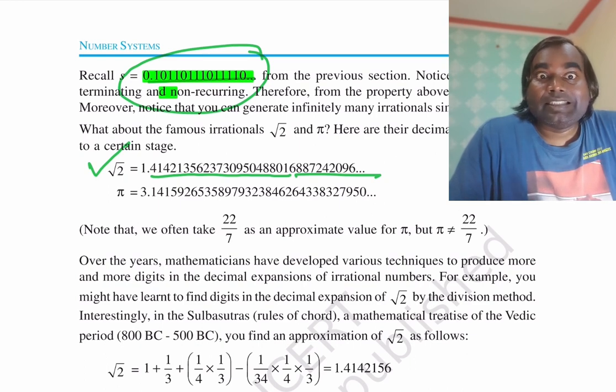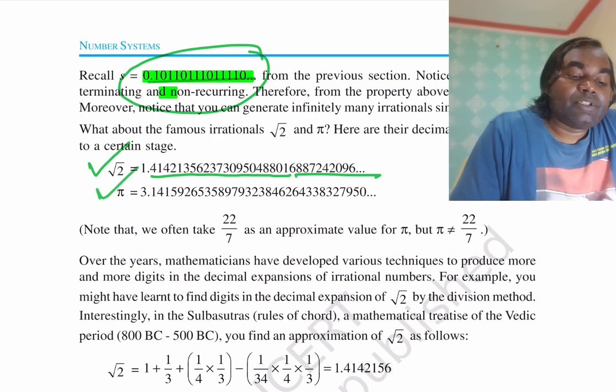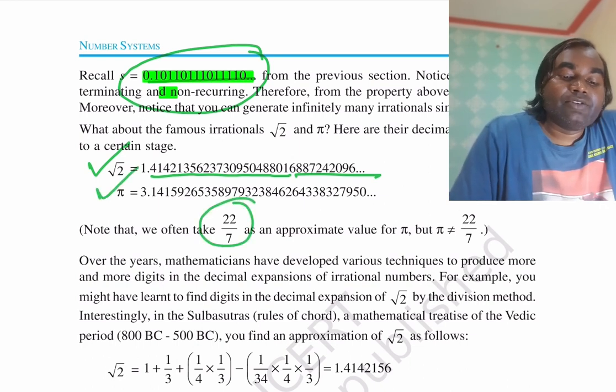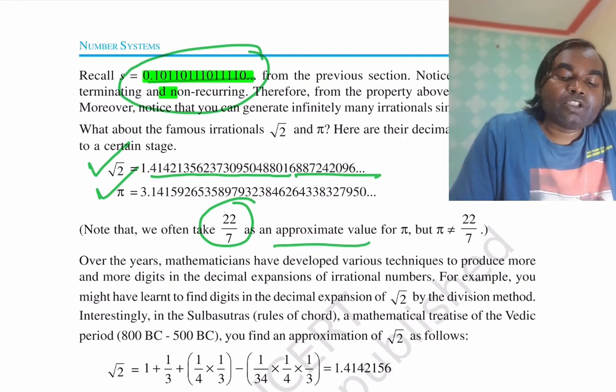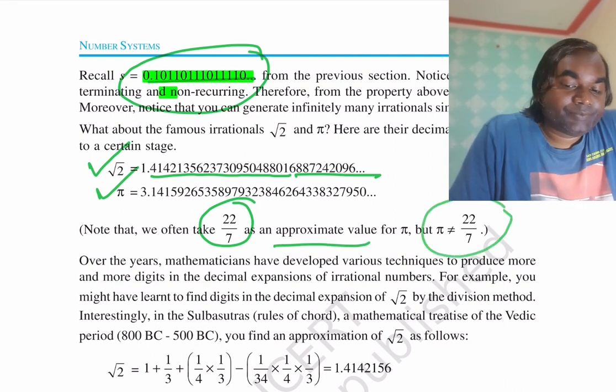That means in irrationals, the number is non-terminating, there is no ending after the decimal, and they never repeat in a certain pattern. And the second example is pi. Generally we write pi is equal to 22/7, but that is not perfectly equal. That is the approximate value for pi, right?